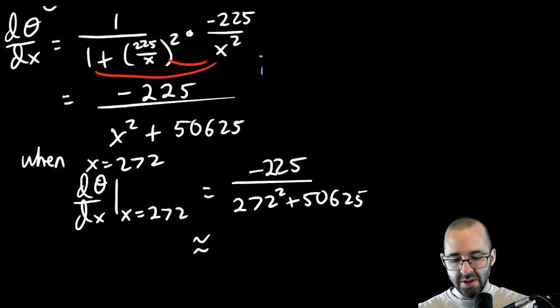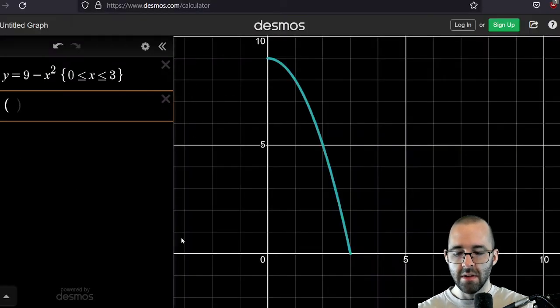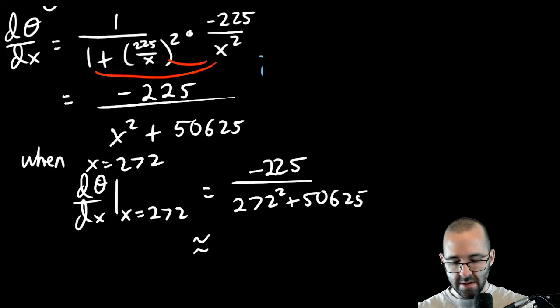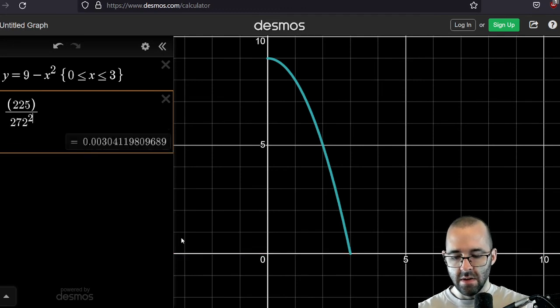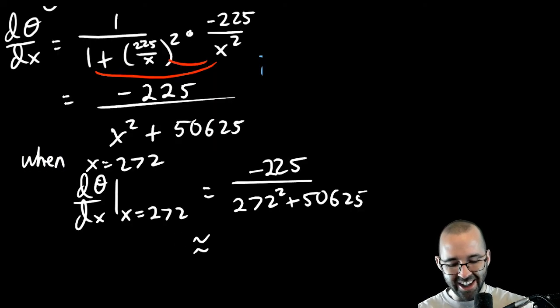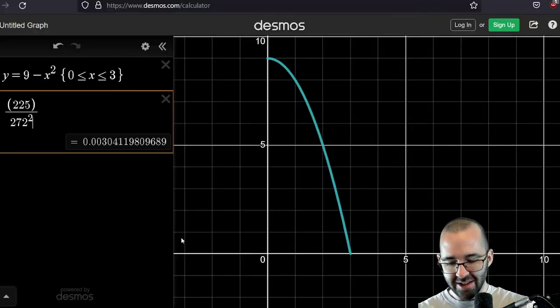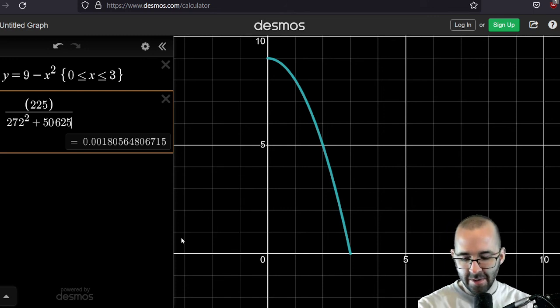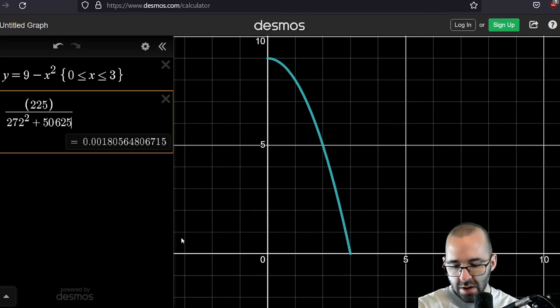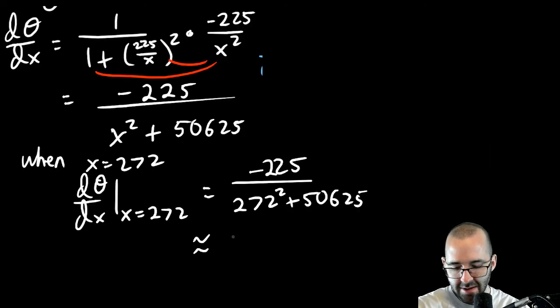Negative 225 divided by 272 squared plus 50,625. That's about negative 0.001806.